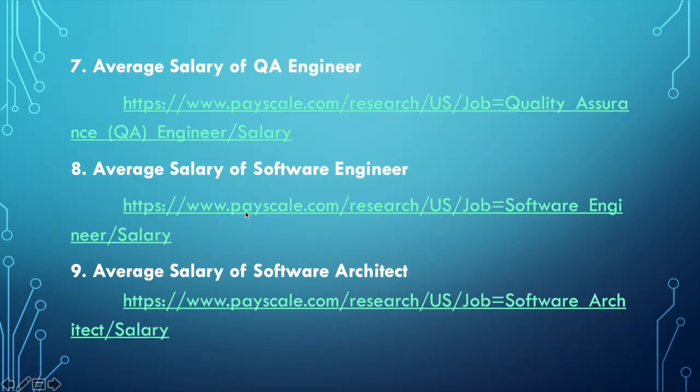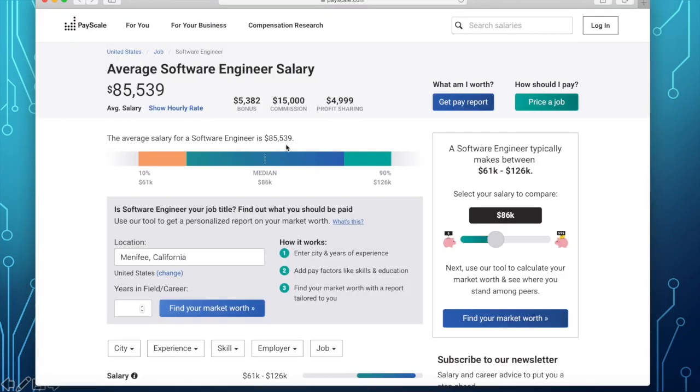Now, for the average salary of a software engineer, here is the pay scale. According to pay scale, the lowest salary is about 61,000, about 10% of that, and 90% has 126,000. So the median is 85,539.